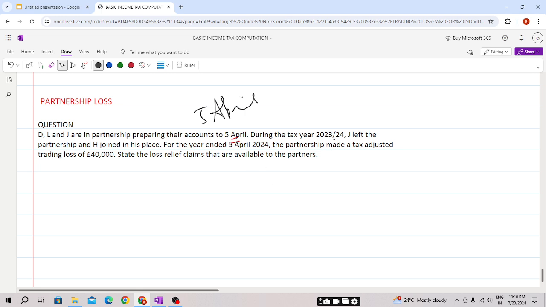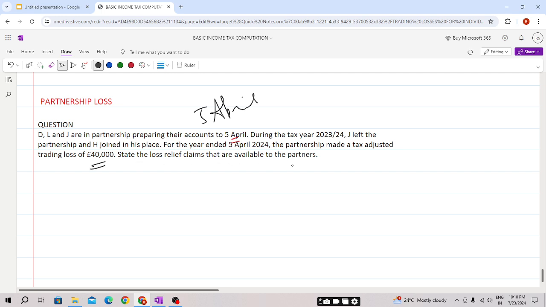During the tax year 23-24, J left the partnership and H joined in his place. For the year ended 5th April 2024, the partnership made a tax adjusted trading loss of 40,000.